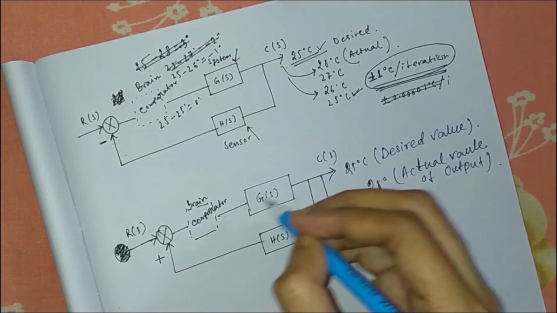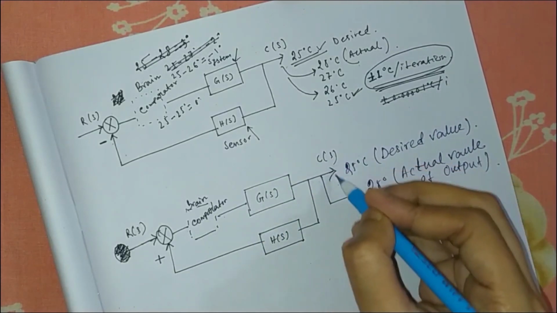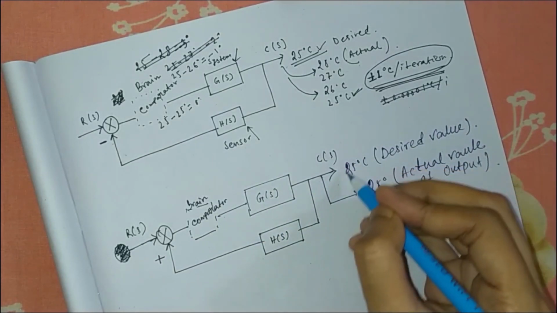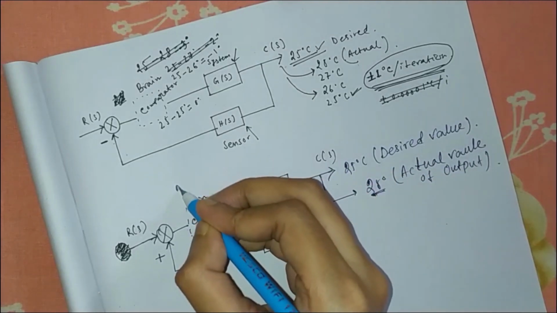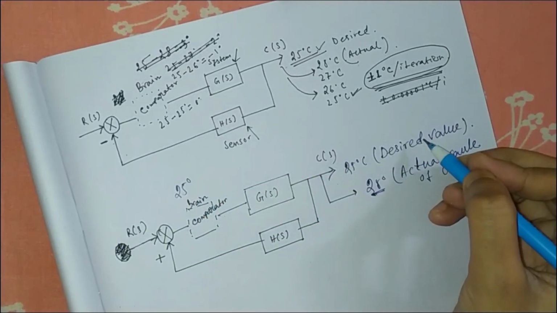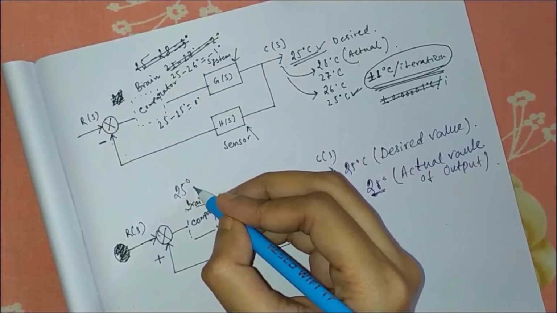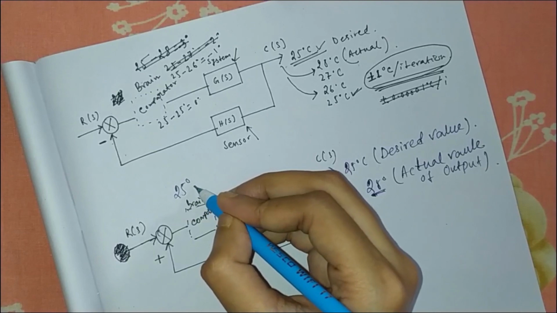So now my desire is 25 degrees centigrade, and my actual value is 28 degrees centigrade.